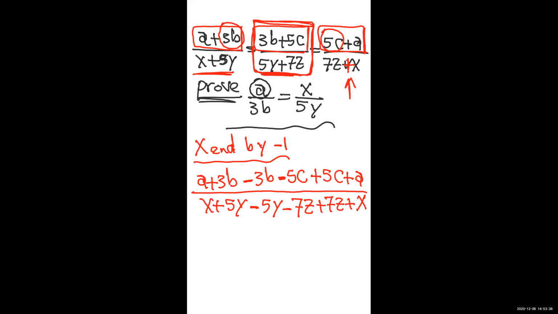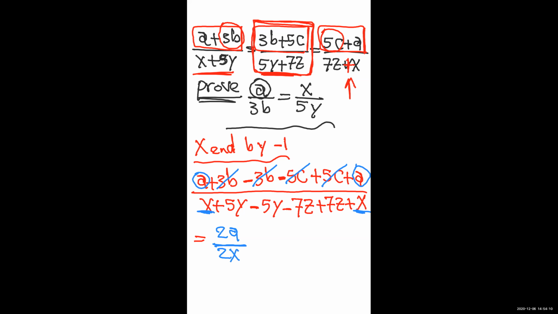Okay, now guys, it will equal: this one is A, and here also one more A, so 2A. Then 3B positive and 3B negative means 0. Negative 5C, positive 5C means 0. So it will equal only 2A over, check the consequents, here x and here x, so 2x.